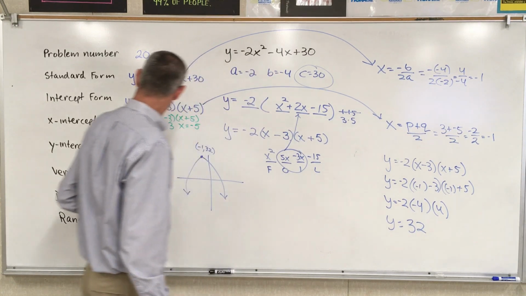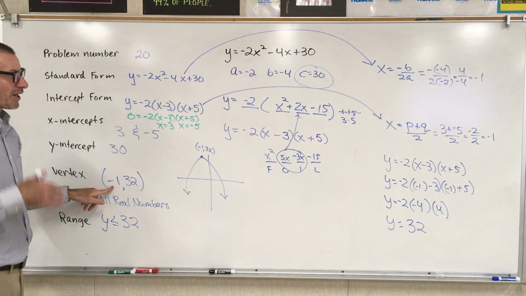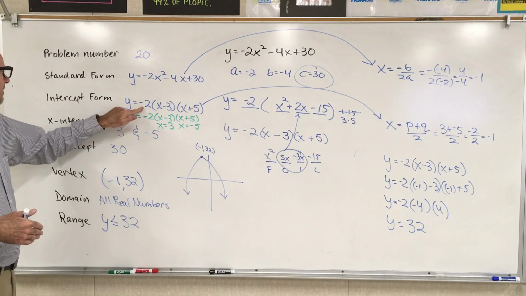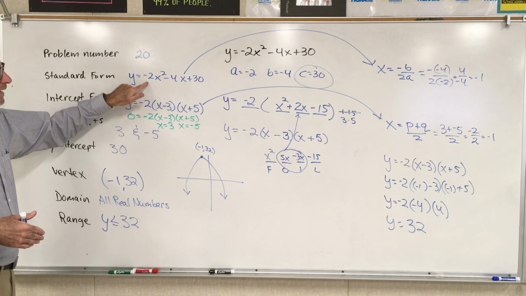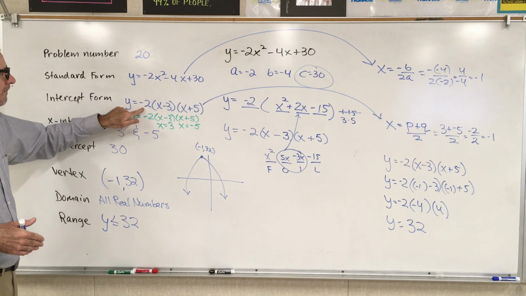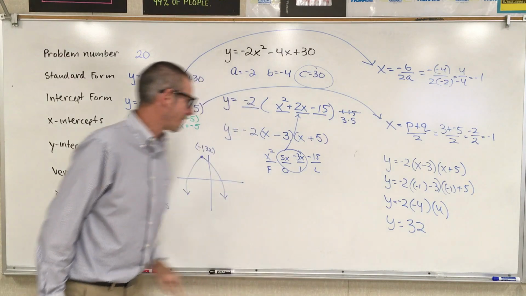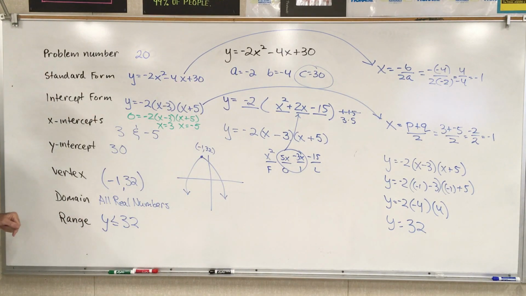That is the x-coordinate of our vertex. Then we took that x-coordinate and I plugged it back into intercept form. I could have used standard form, but I used intercept form on this problem. And I found out the y-coordinate of my vertex is 32. The domain for all parabolas is all real numbers. And the range on this problem is that the y-coordinates will all be less than or equal to 32.